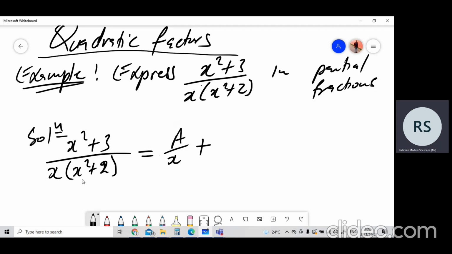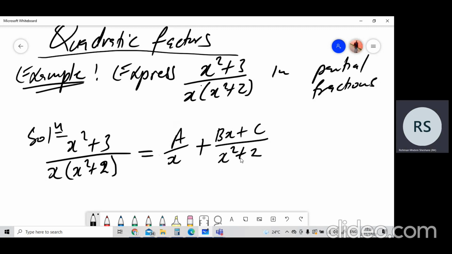So just know a quadratic gives you a form of bx plus c over that quadratic. Just know a quadratic will give you a form of a linear over a quadratic. Okay, that's the main aim here.